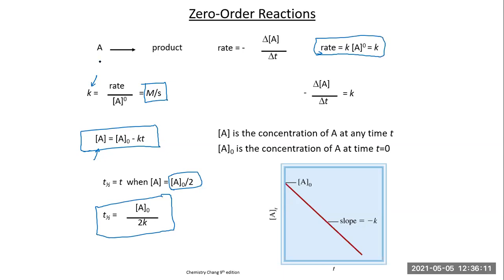Much like the other two, we could do some good rearranging of that equation, and we end up with something that, again, looks like our first order without the natural logs. And again, that is written in the form of y equals mx plus b.